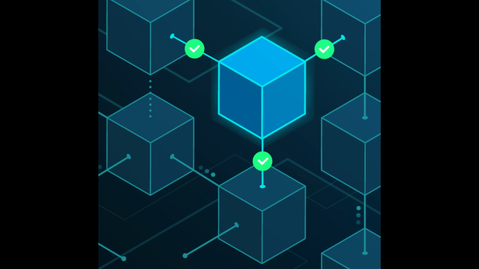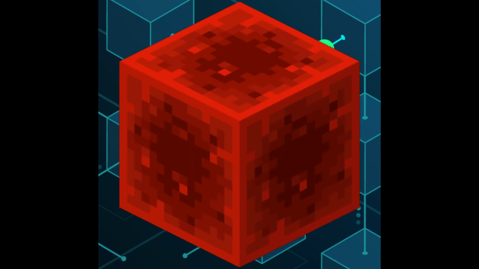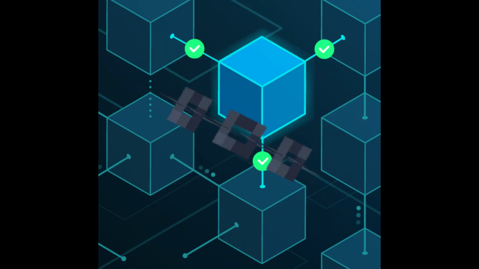Then let's go through the main parts of blockchain. Basically the block is the record of transactions, our information or data. The chain is the link between two blocks, that is the previous and the latest.